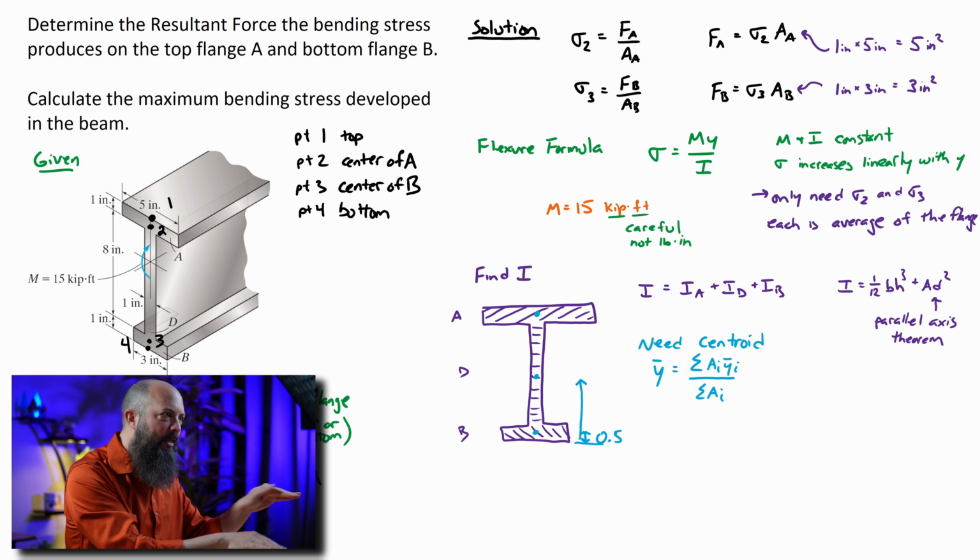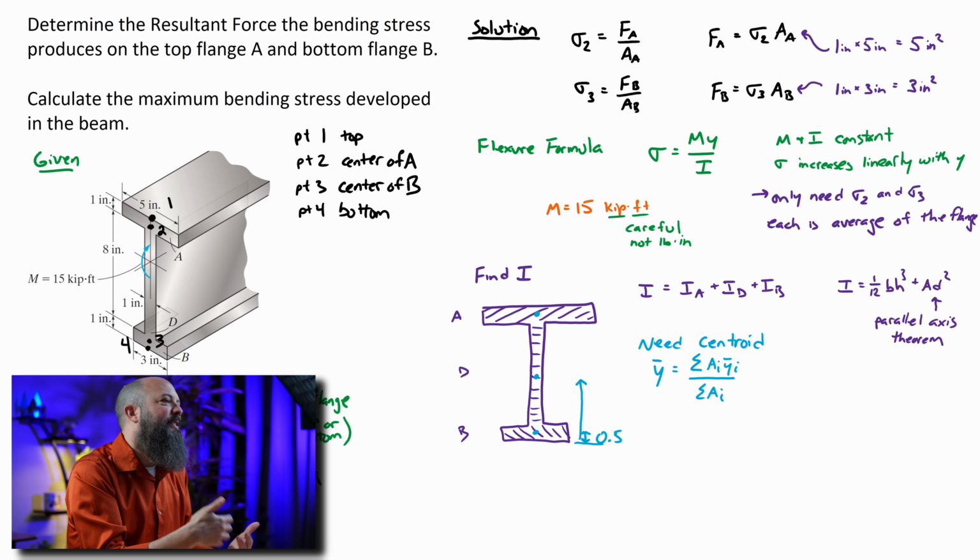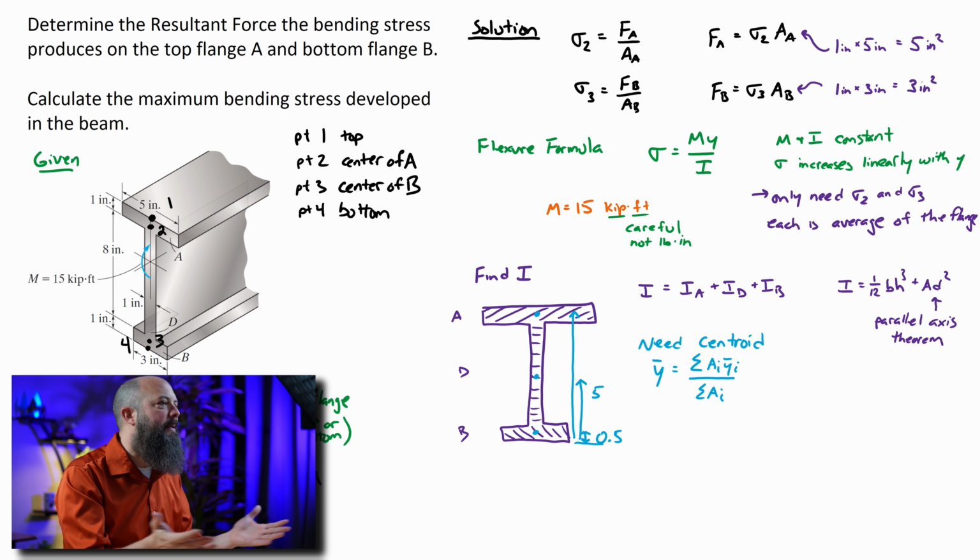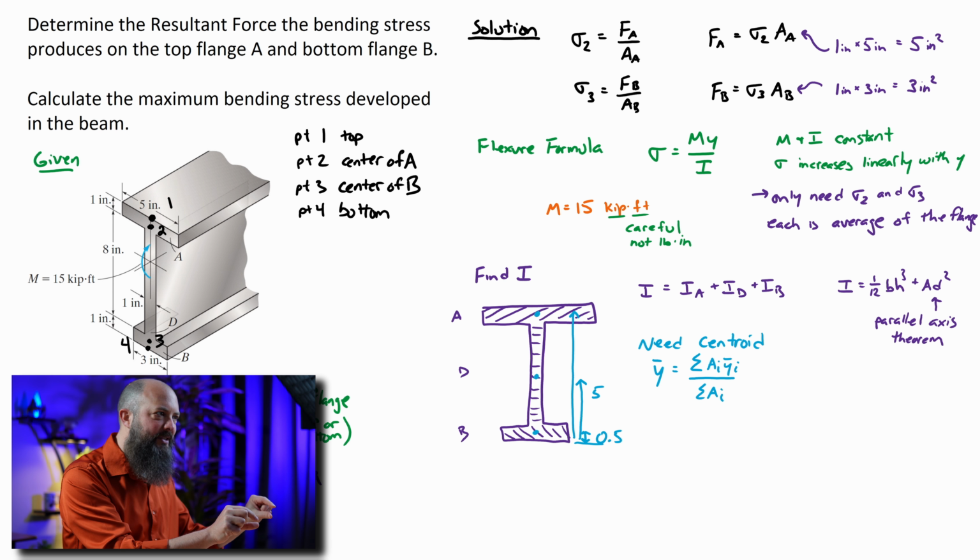I'll use still my 3 rectangles, and the centroid is a weighted average, sort of like calculating a GPA. We're just going to need the areas of these 3 rectangles and the locations of these 3 rectangles. So I'm going to do all my measurements from the very bottom.